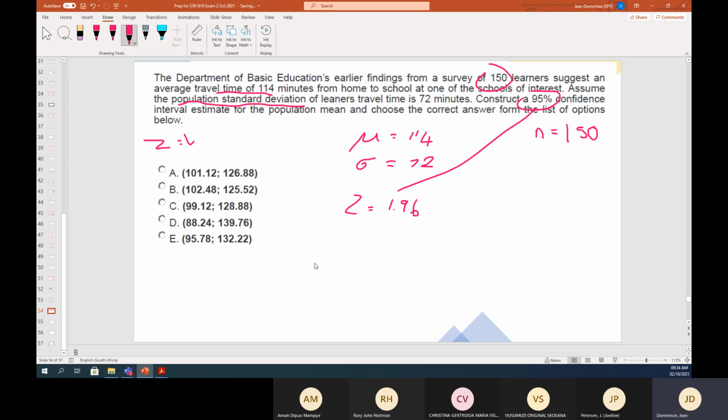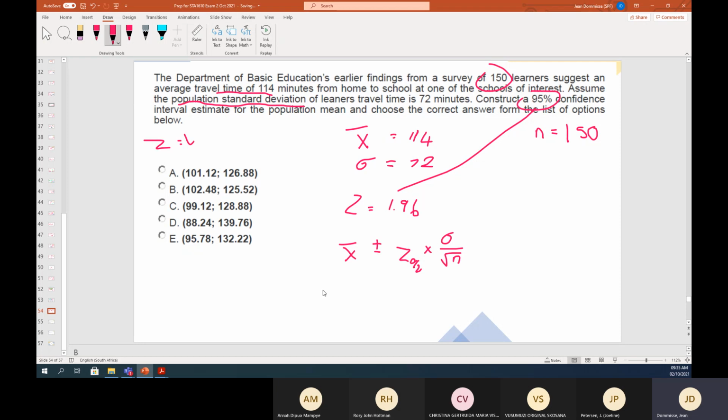Okay, so this is nearly one of the more straightforward ones that we actually dealt with today. You need to work out the confidence interval. So that is the mean plus minus Z times standard deviation divided by the square root of n.